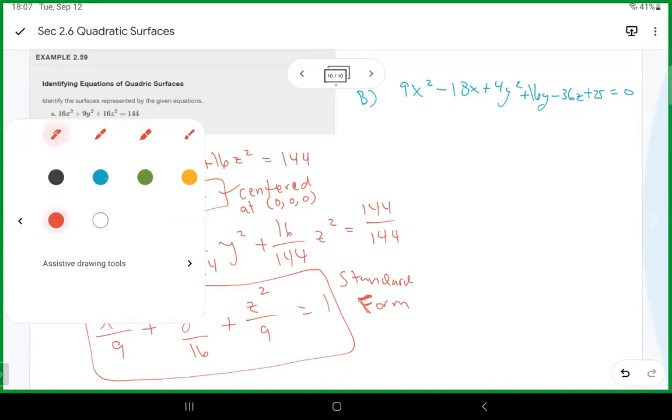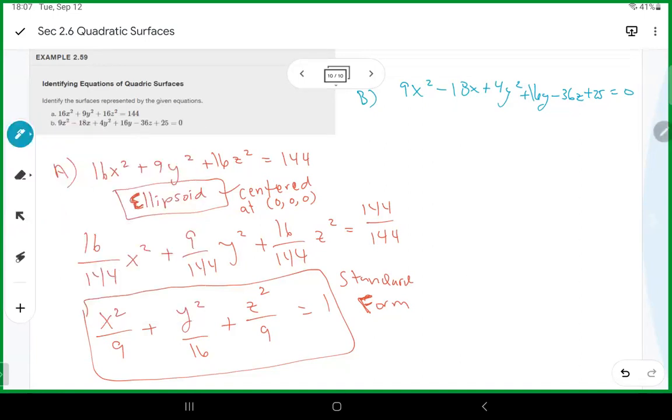Okay. So what you'll notice is that we have x squared and x, y squared and y, but we only have one term for z, and it's to the first power. So that's the first thing you should notice. So that means this could be a few different things. It's either going to be an elliptic paraboloid or a hyperbolic paraboloid.